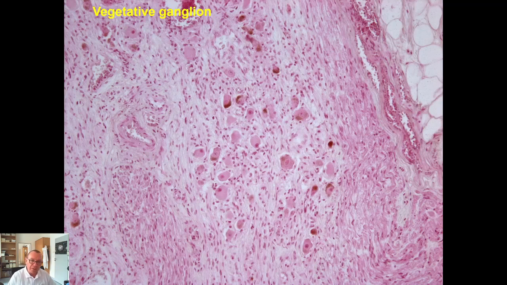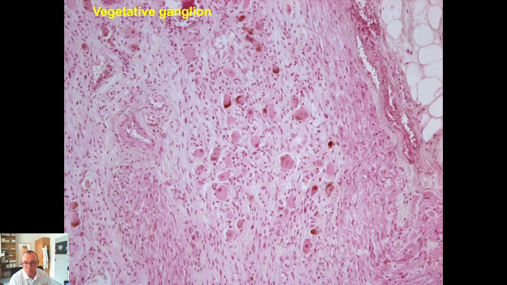Vegetative or autonomic ganglia are of two types, sympathetic and parasympathetic. They differ mainly in location. Sympathetic ganglia are situated near the spinal cord in the truncus sympathicus, parasympathetic ganglia are situated more peripherally, and we can find them frequently in walls of organs as so-called intramural ganglia.